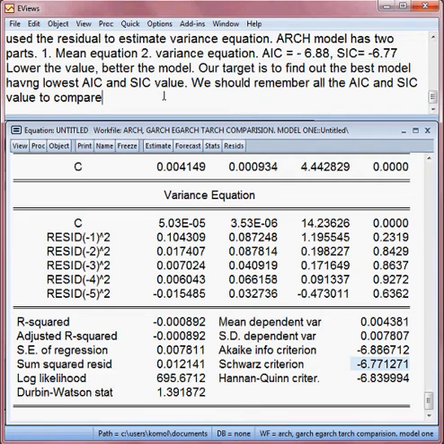Okay, now we shall develop another model, that is the GARCH 1,1 model, right? So I go to estimate.